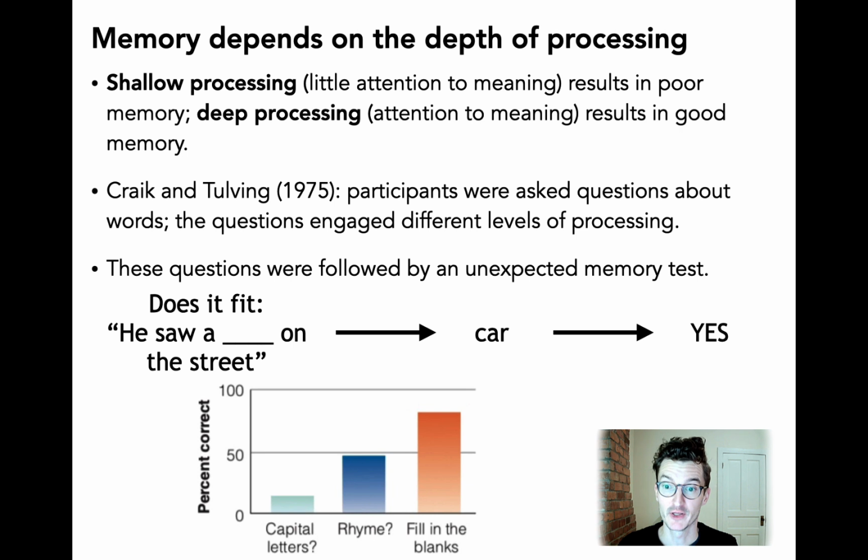And so later, when participants were unexpectedly tested on their memory of these words, they found that words that participants had to think about deeply were better recalled than words that only involved shallow processing, like looking at the physical characteristics of the word. So deep processing is key. Thinking about the meaning of material that you're trying to learn dramatically improves your memory of that material.